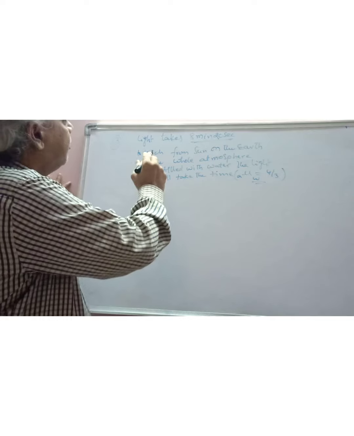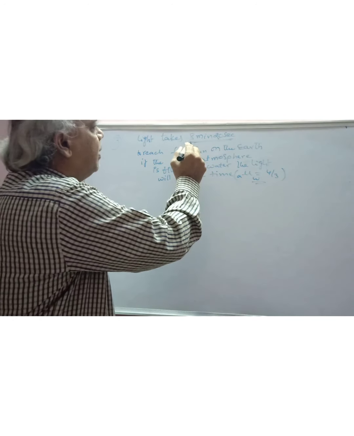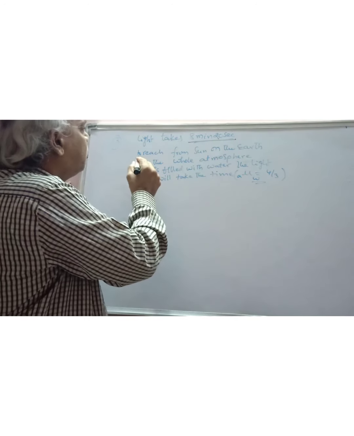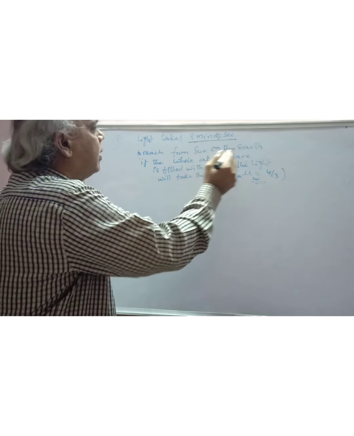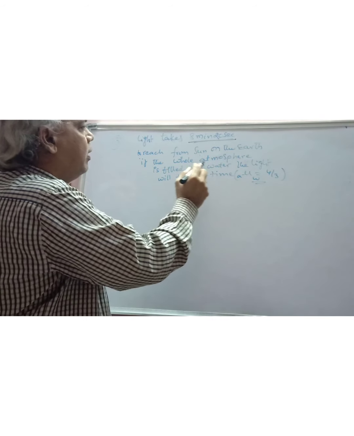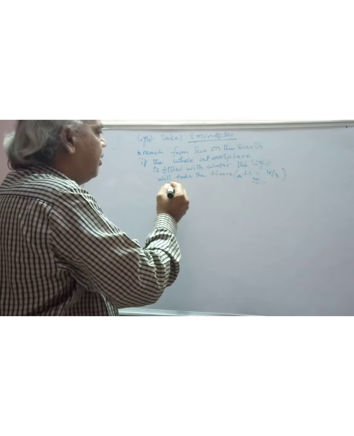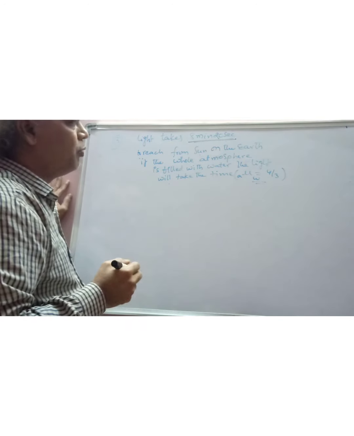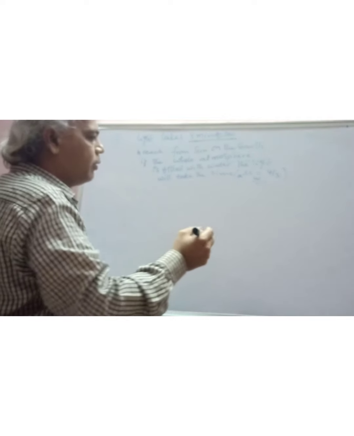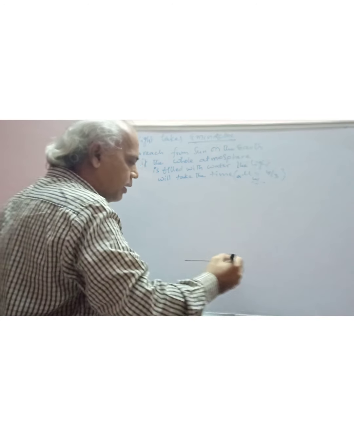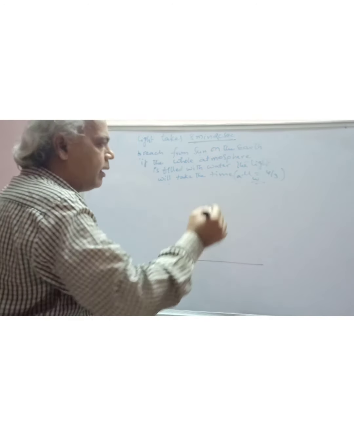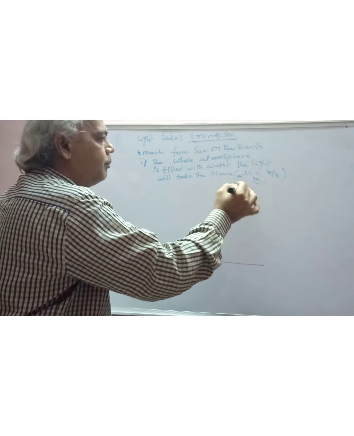In this problem, light takes 8 minutes 20 seconds to reach from sun on the earth. If the whole atmosphere is filled with water, the light will be take the time to reach the earth. So here, suppose it is a surface of the earth and it is sun, here sun.